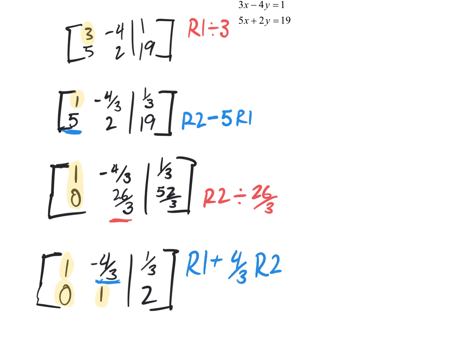Since it's a 1, I know that if I multiply by 4 over 3, it'll cancel out that other piece. When we do, we end up in our fully reduced form, my final form: 1, 0, 3 and 0, 1, 2.